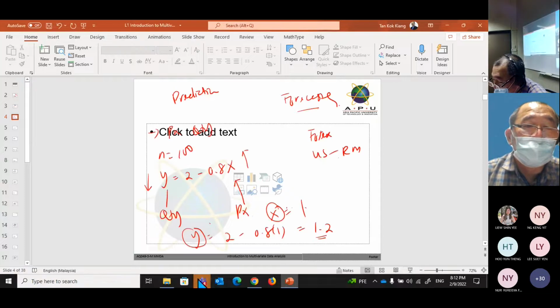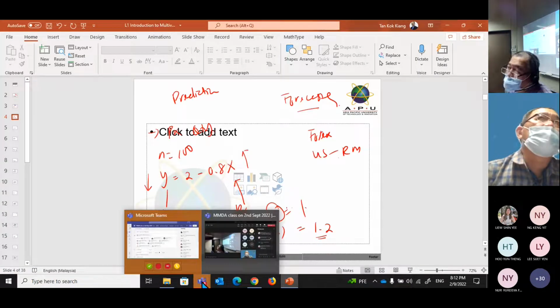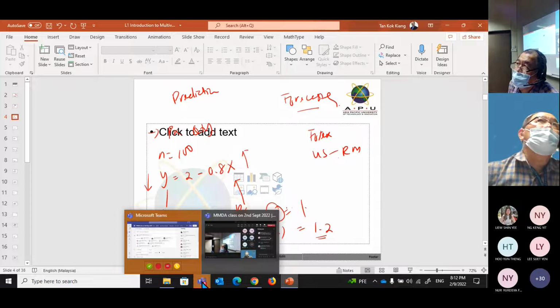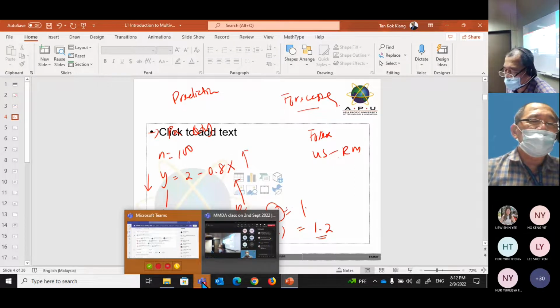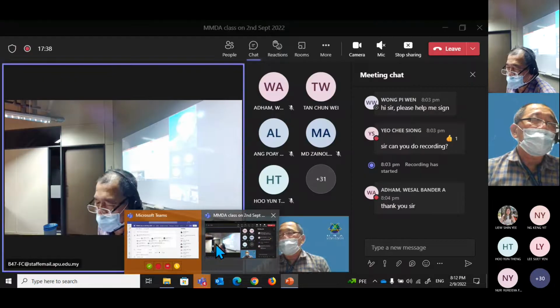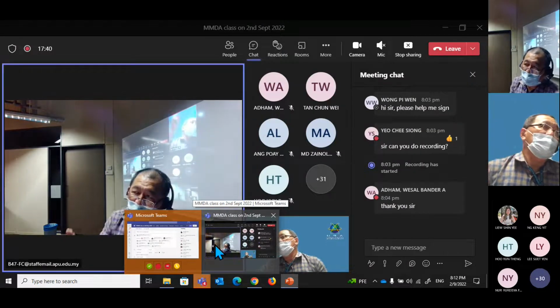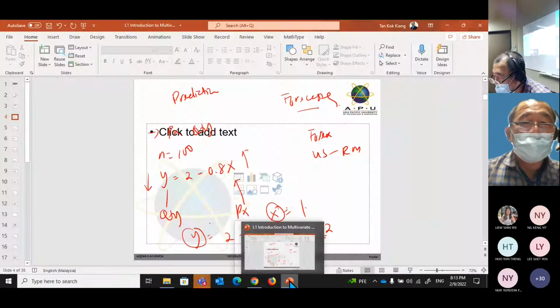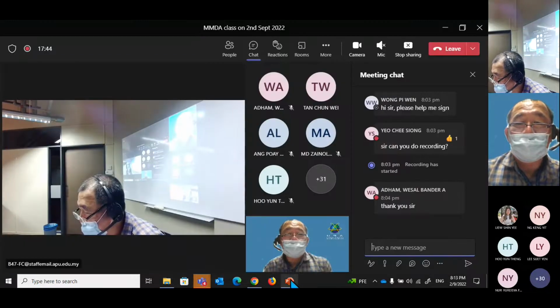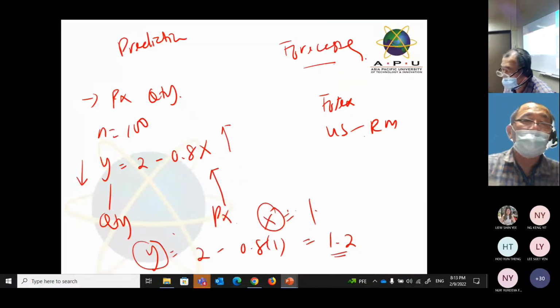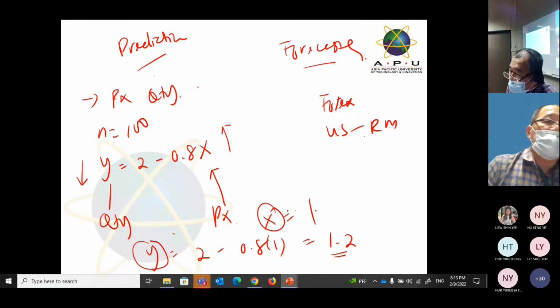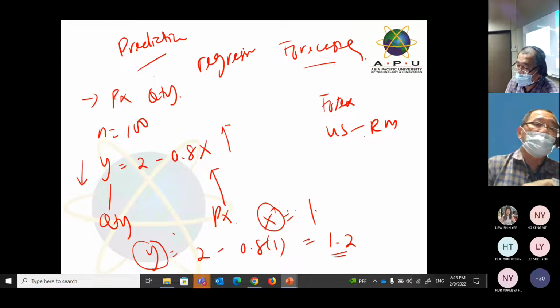Prediction is where we have a well-defined formula. For forecasting, it is something like extrapolating, not a well-defined formula. So prediction is basically for regression.